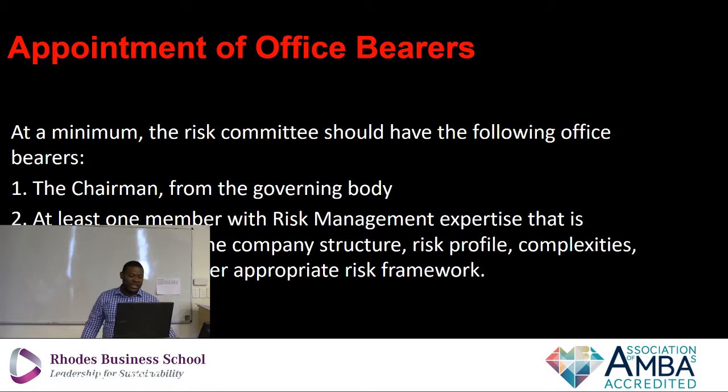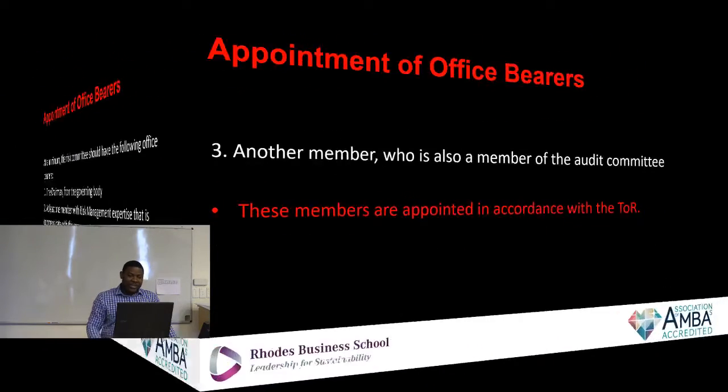The first one, obviously, from the governing body, the chairman, and the second one, we need at least one person who has the know-how of how to manage risk, and this person should understand the company structure and also understand the risk profile, the complexities and activities, and the size and the appropriateness of the framework.